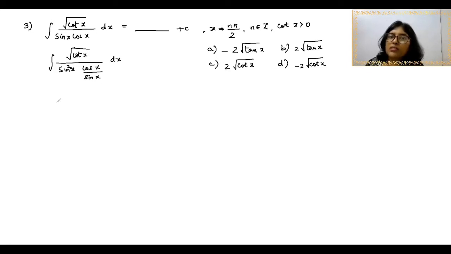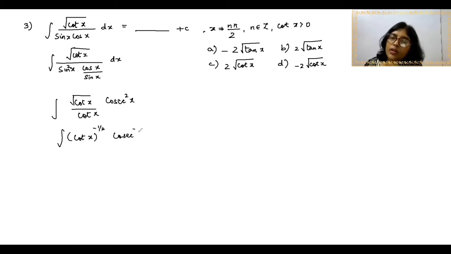We did this for two reasons: we have cot x and 1 upon cos x will become cos square x. That's one thing, and the denominator also got cot x. So that will finally turn out to be cot x raised to minus half into cosec square x dx.